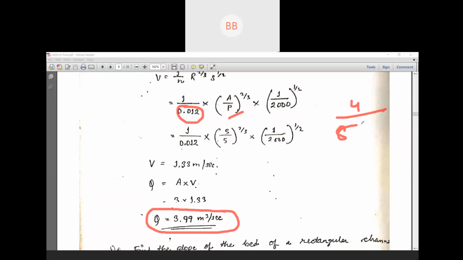Okay, you can write 4 by 8000, or you can also write 1 by 2000. It's up to you. So area is 3 meter square and wetted perimeter we got 5. Okay, substitute here, use your calculator, find out the velocity, and then you multiply it with area and find out the discharge. You will get approximately 4 meter cube per second.